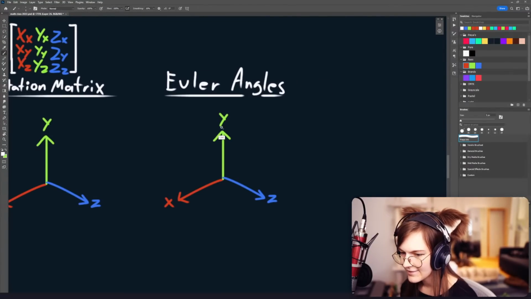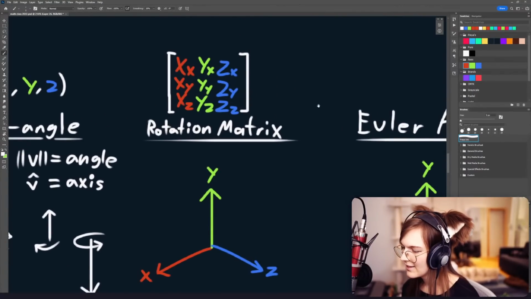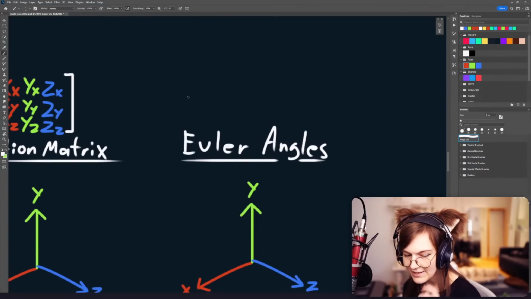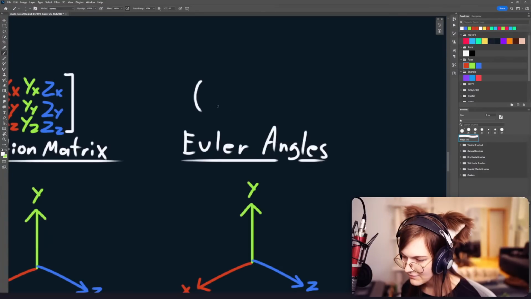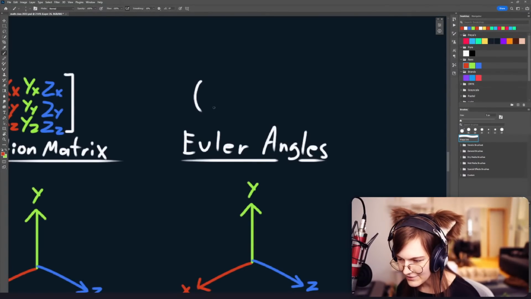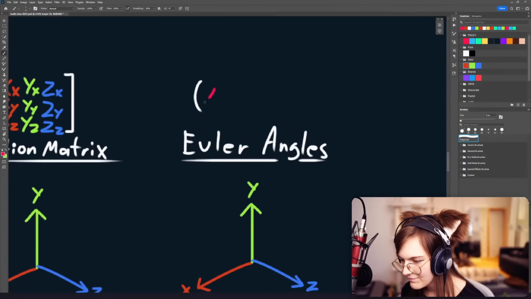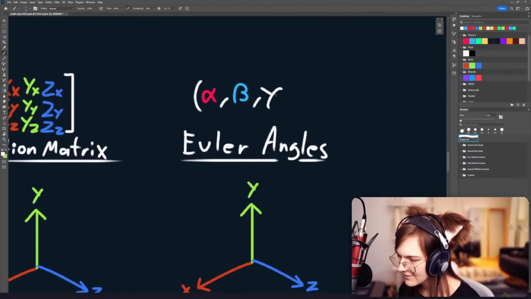The idea of Euler angles is that instead of specifying a vector or like 3 vectors, in Euler angles you specify 3 different degrees around certain axes. And so what you specify here is a rotation around some axis and then another axis and then another axis. I'm not entirely sure what to call these values. Maybe I'll just call them alpha and beta and gamma. I forget what gamma looks like. It's like a weird Y, I think.